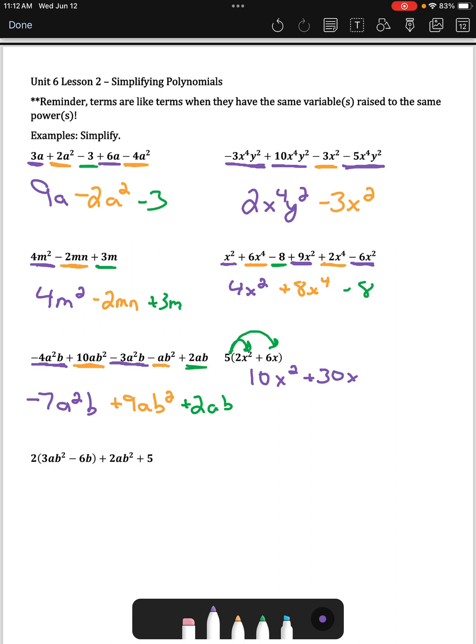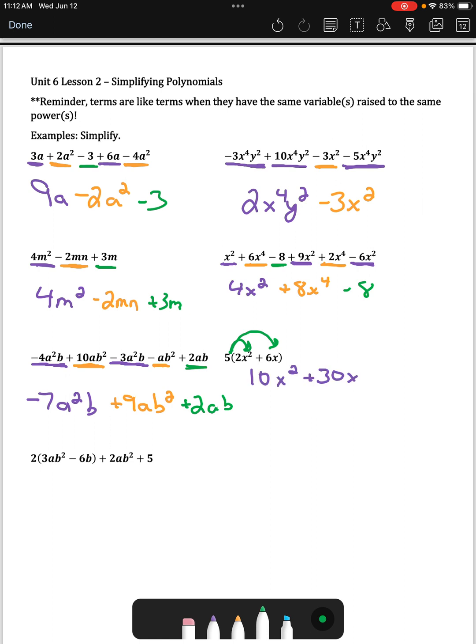We have to remember that because if there's distribution, it must be done before we can combine like terms, which is something that we did, again, way back at the beginning of the year. Taught you distribution, then taught you how to combine like terms, and then showed you that if both of those things exist, distribution takes precedence.